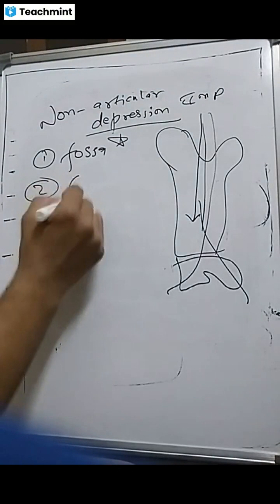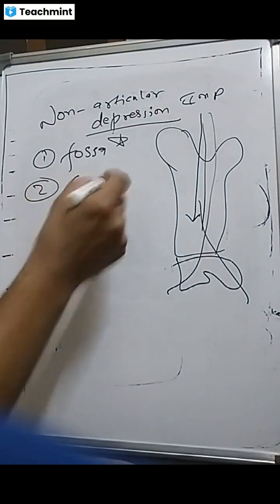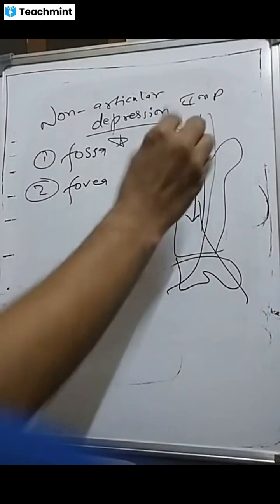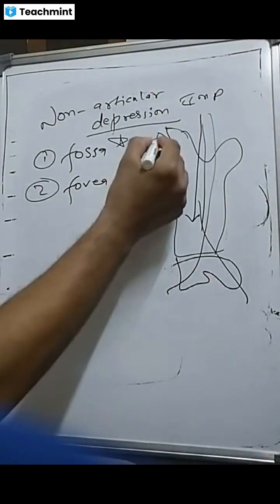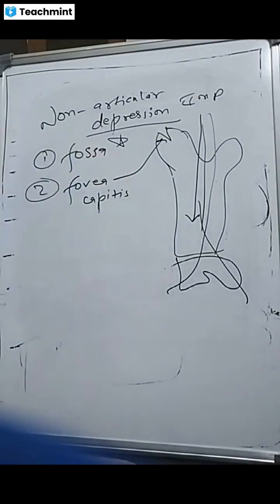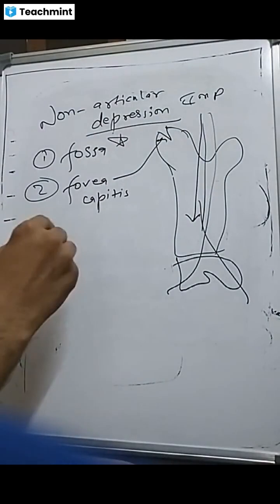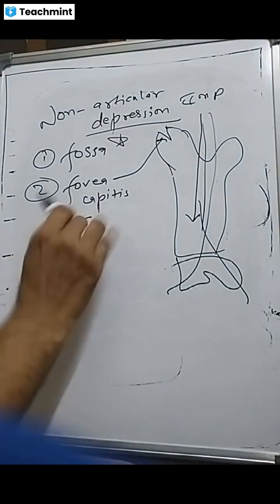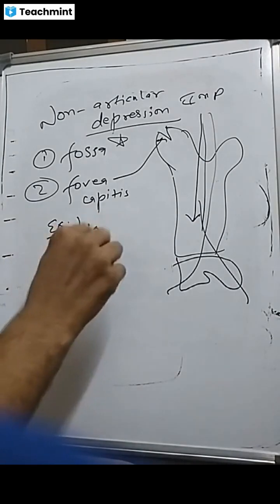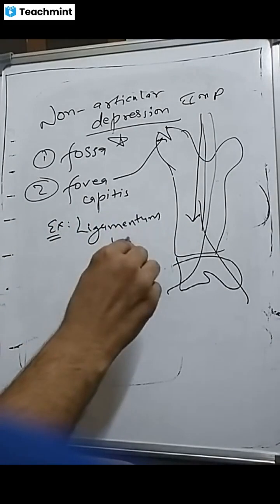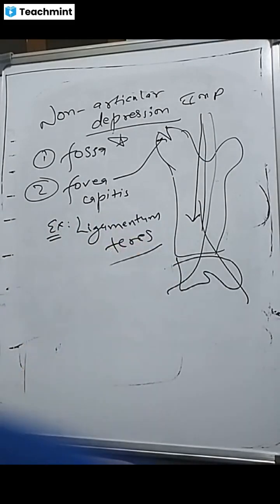Then fovea. The head of the femur has one notch. This is known as fovea capitis. Which ligament is present? In case of dog, the ligamentum teres is present.